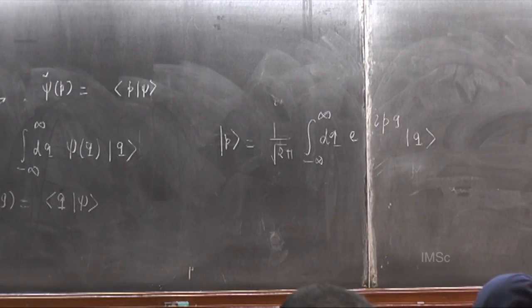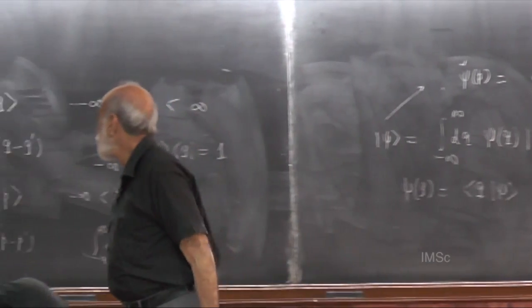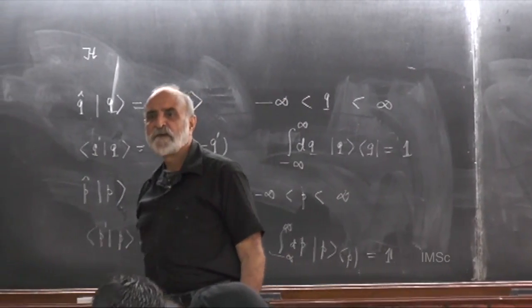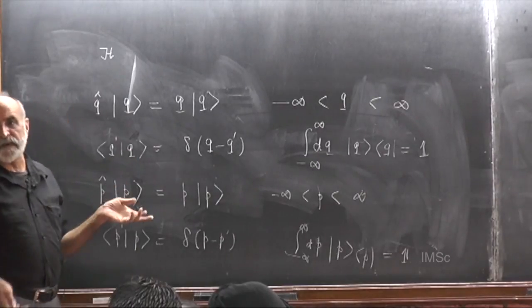Some of you may not be from a physics background and may have some problems with the notation. Yes, you wanted to know about this curly ket. The reason was the following: this Q and P is a label.